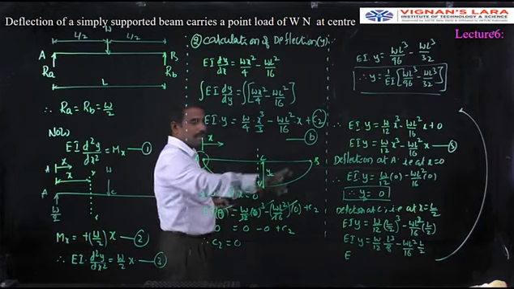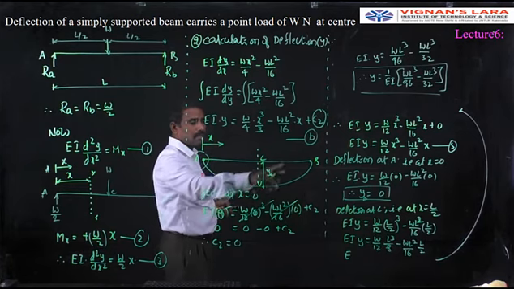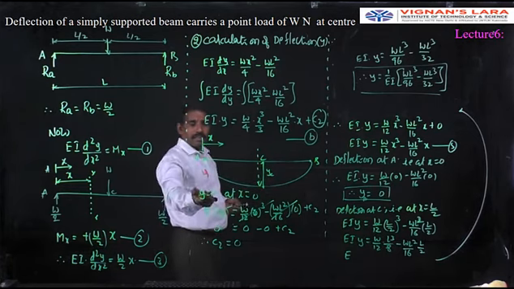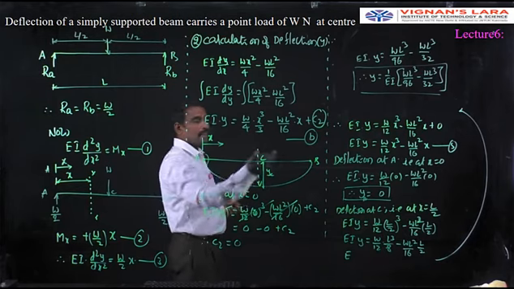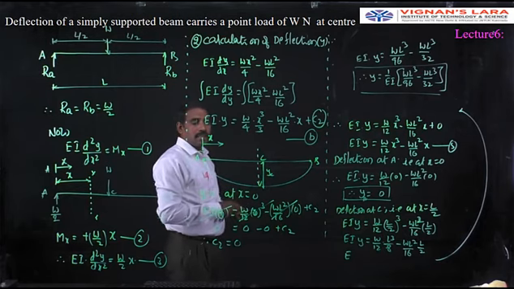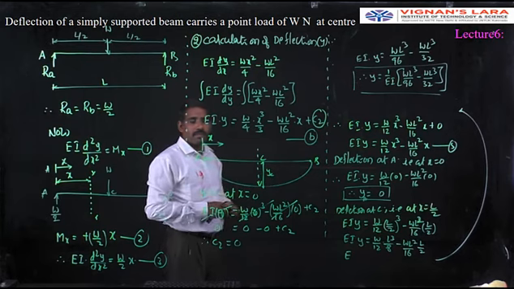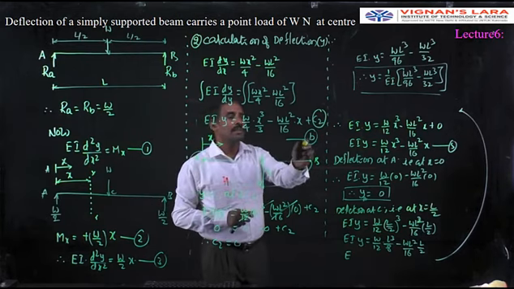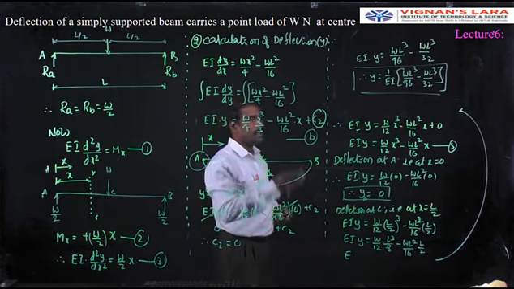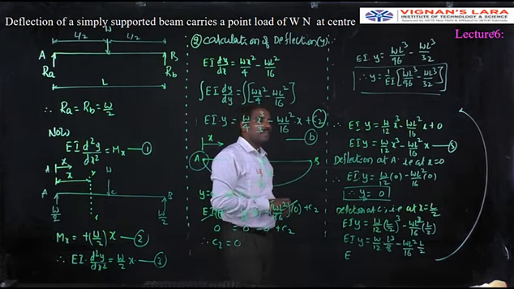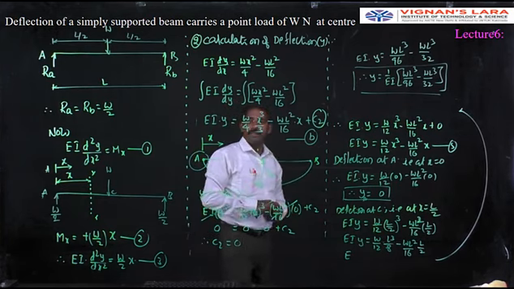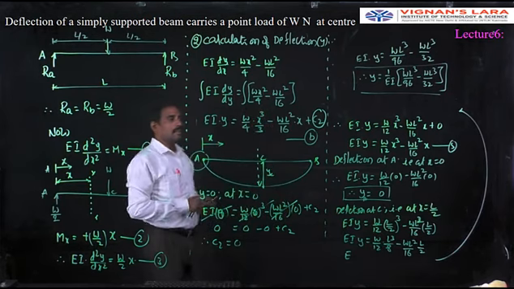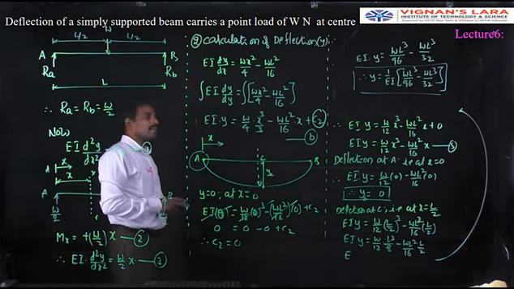If you observe the deflected curve, particularly in case of the simply supported beam, the deflection is 0 at supports, that is at x is equal to 0, the y value is 0. Substitute in equation number B. Finally, we will get the deflection equation. You can find out the deflection at any point by using this equation.